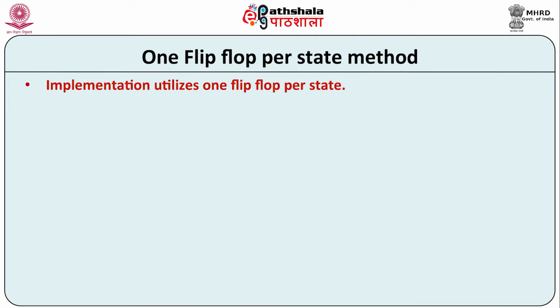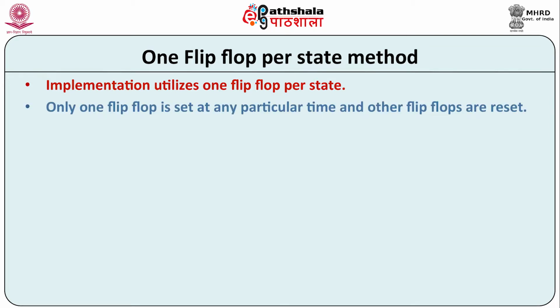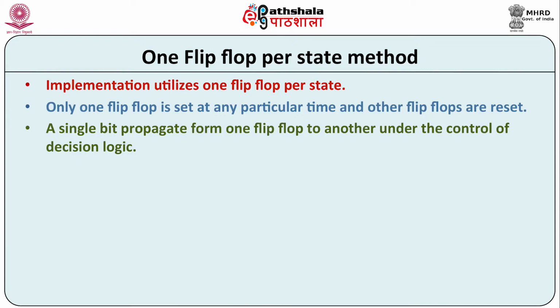For the implementation of control logic, this method utilizes one flip-flop per state. In this technique, only one flip-flop is set at a time and other flip-flops are reset. A single bit is made to propagate from one flip-flop to another under the control of the decision logic.